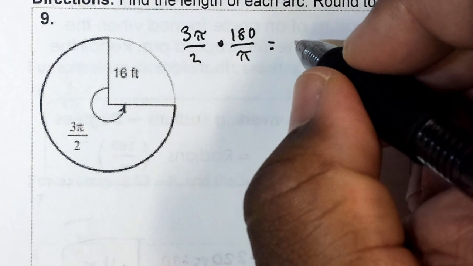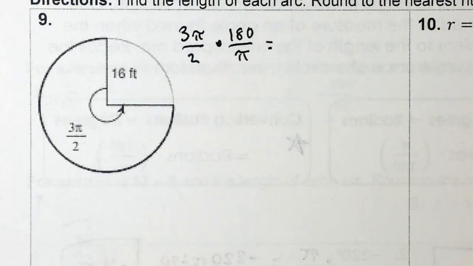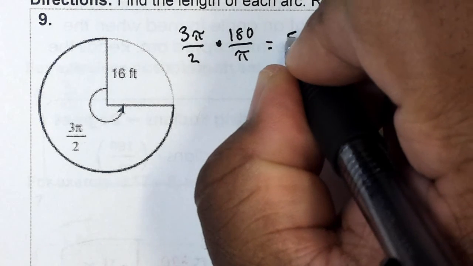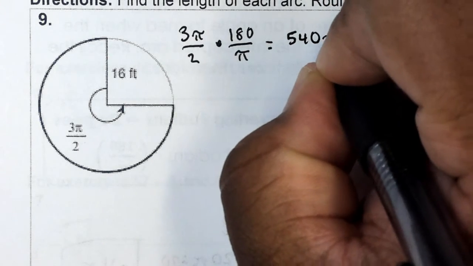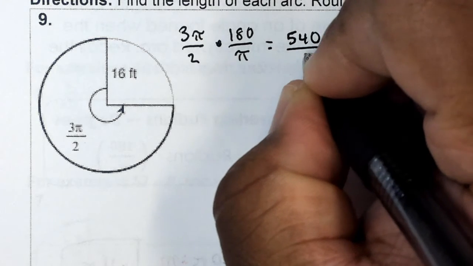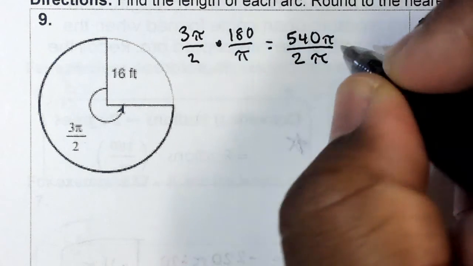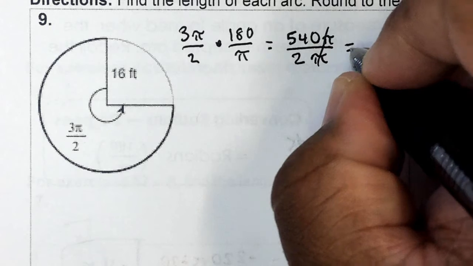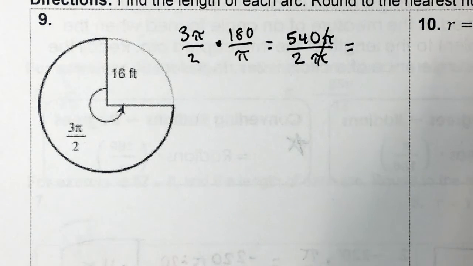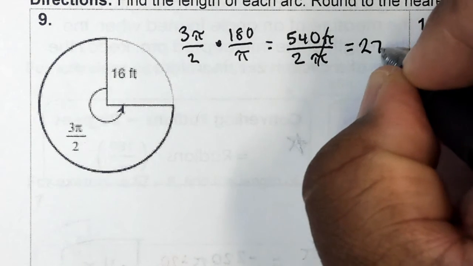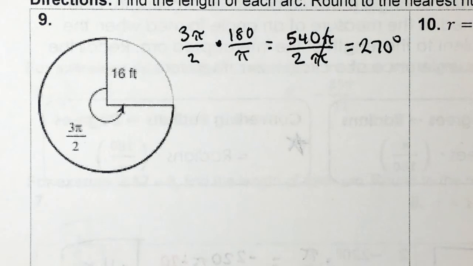Three times 180 is 540 over 2 pi. The pi cancels. Divide, and it's 270. So that's 270 degrees.